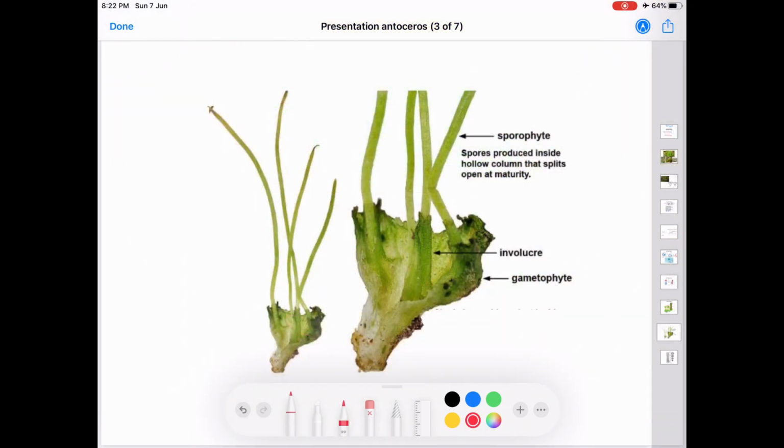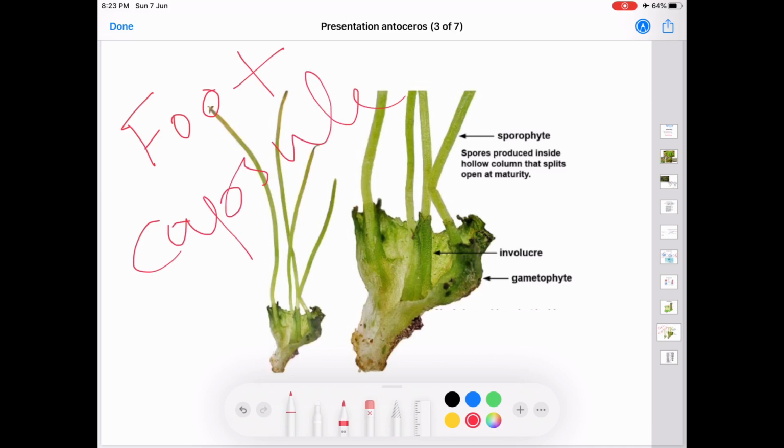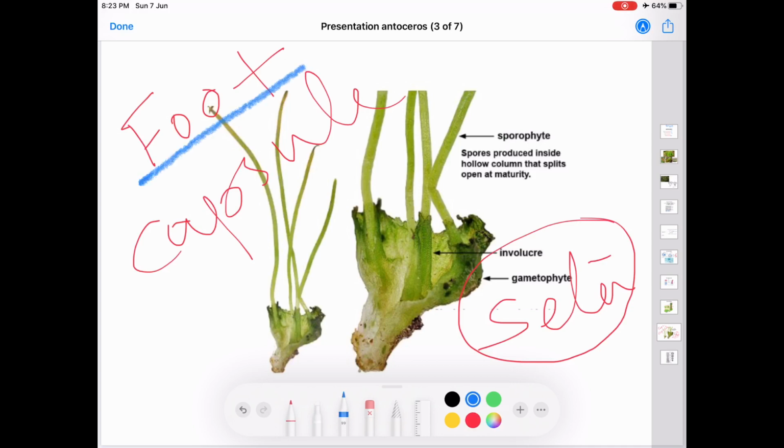If you look into the structure of the sporophyte, it is differentiated into foot and capsule. Here, seta is totally absent. Normally in bryophytes, the sporophyte or the sporogonium consists of three parts: foot, seta and capsule. Here you can see only foot and the capsule.